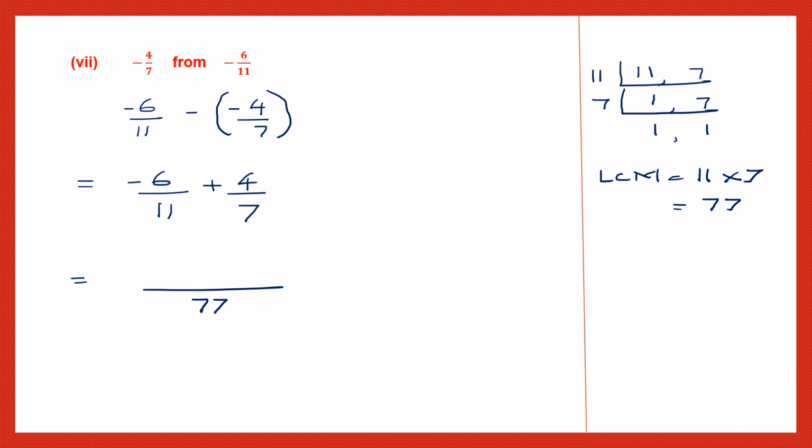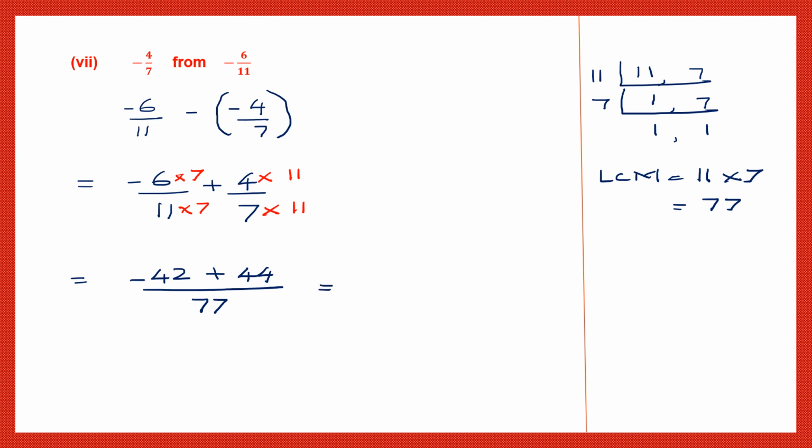Look at the first fraction. 11 into 7 is 77. So multiply minus 6 into 7. Minus 6 into 7 is minus 42. 6 sevens are 42. Plus, go to the next fraction. Denominator is 7. Multiply this by 11. So multiply 4 also by 11. 4 11s are 44.